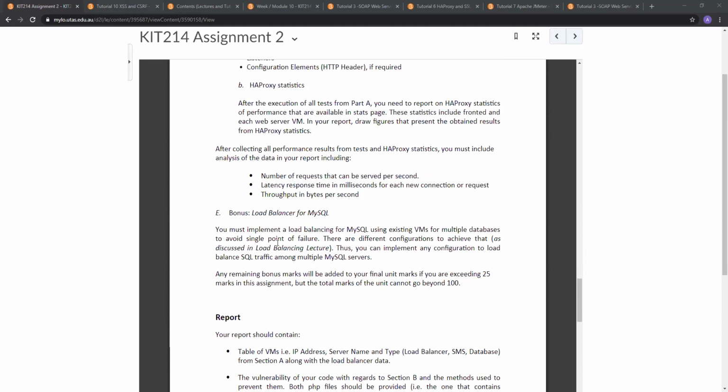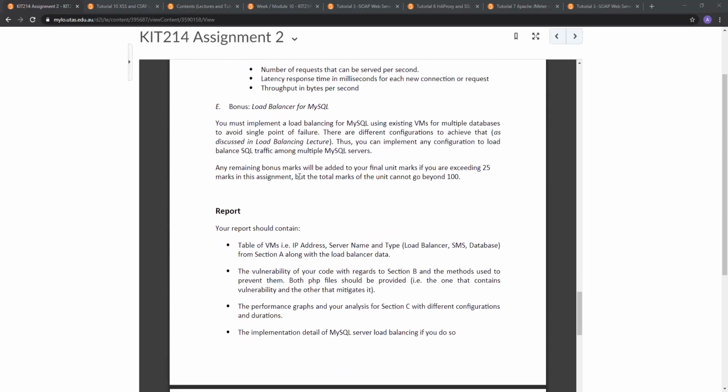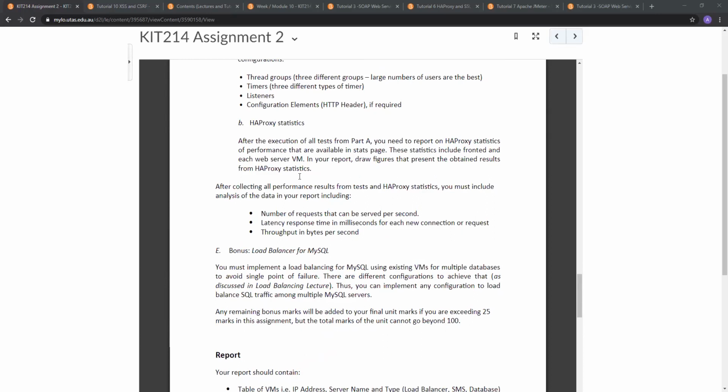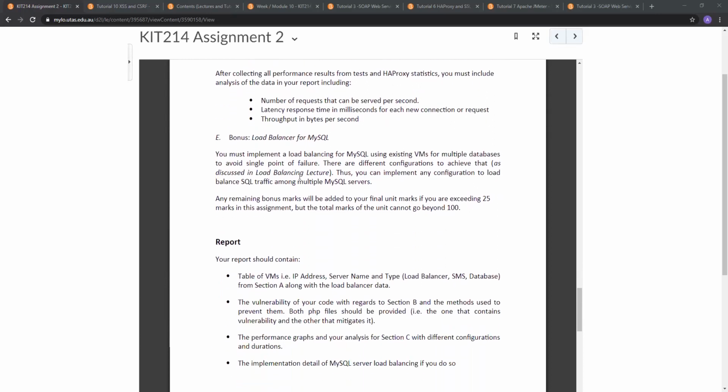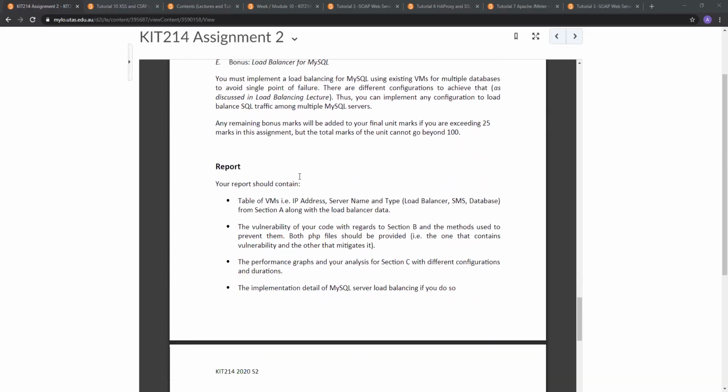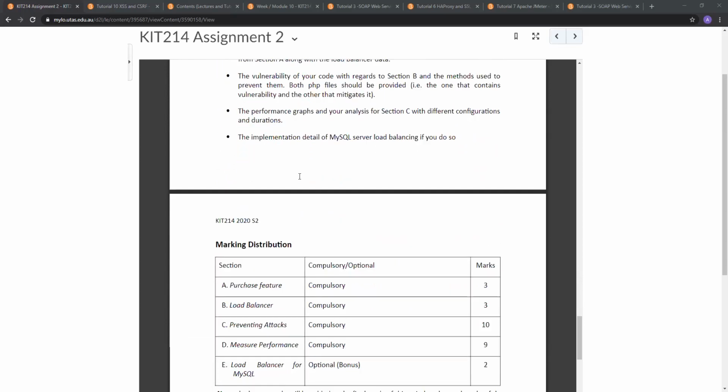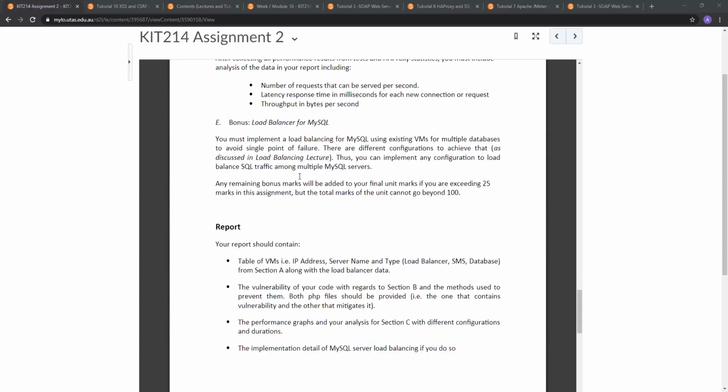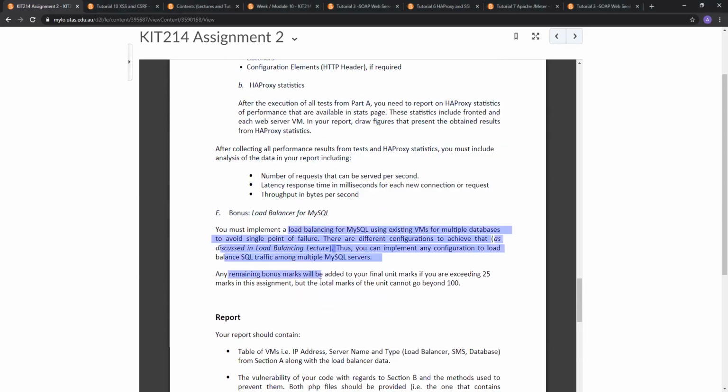Okay, so let's see. Anybody got the MySQL server load balancing stuff going on?